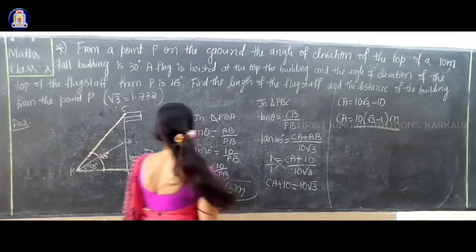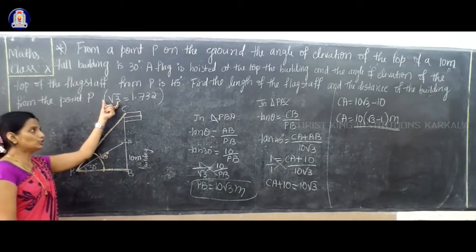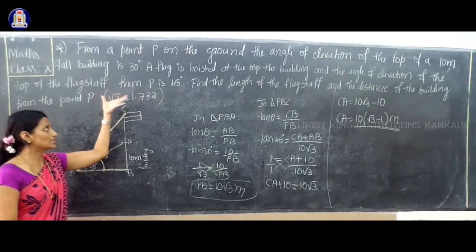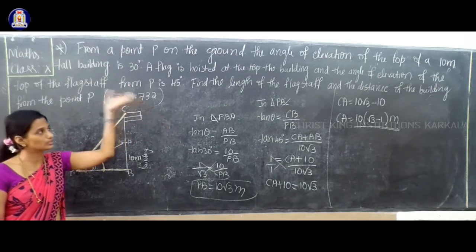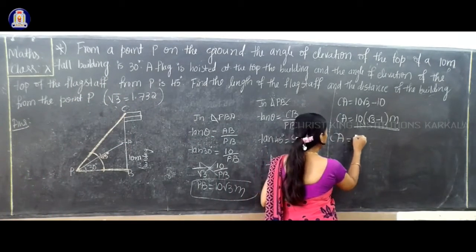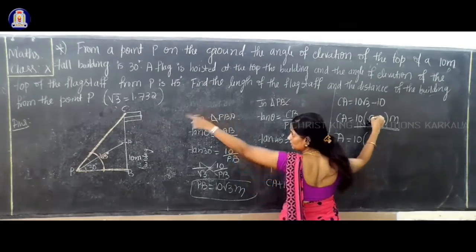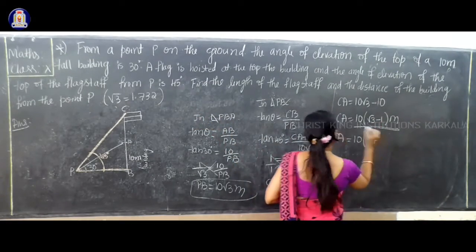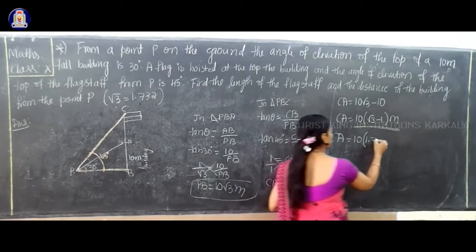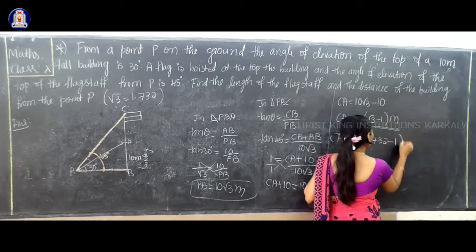And one point is given: substitute root 3 as 1.732. So this is given to substitute. So substitute that value. If you don't substitute that value, they will cut your marks. So root 3 is 1.732, minus 1.